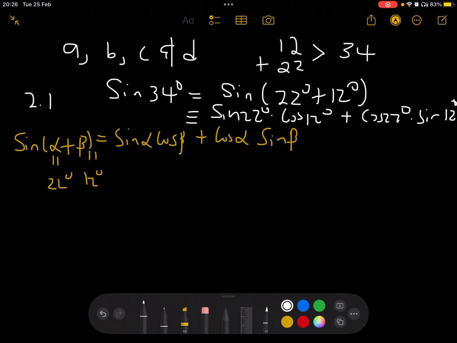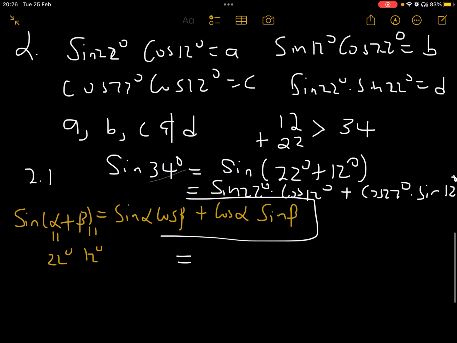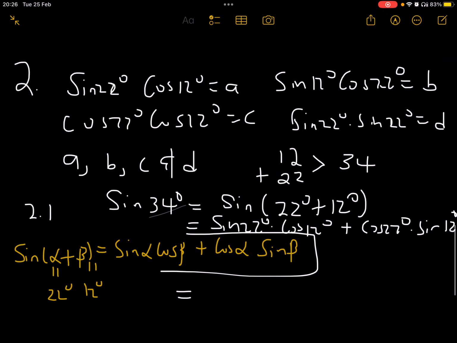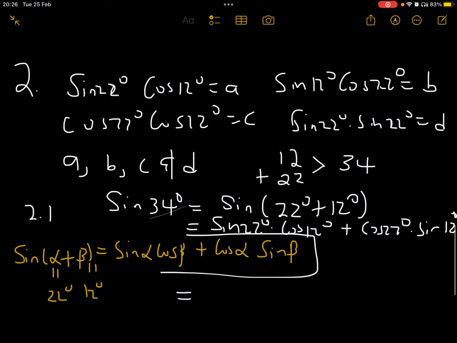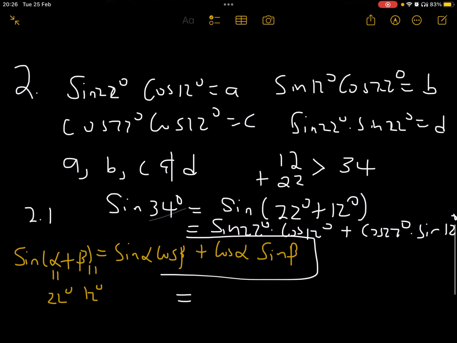Now, I'm just going to take this down here. Sine 22 and cos 12 were given as A, and cos 22 sine 12 was not given, but sine 12 times cos 22 was given.